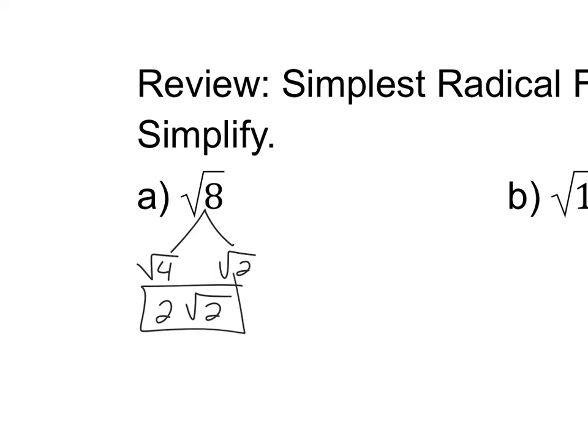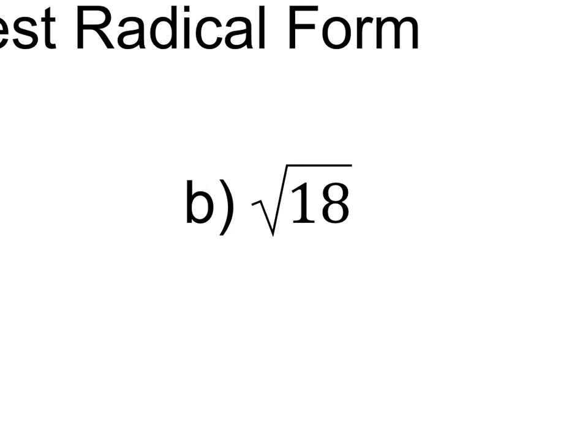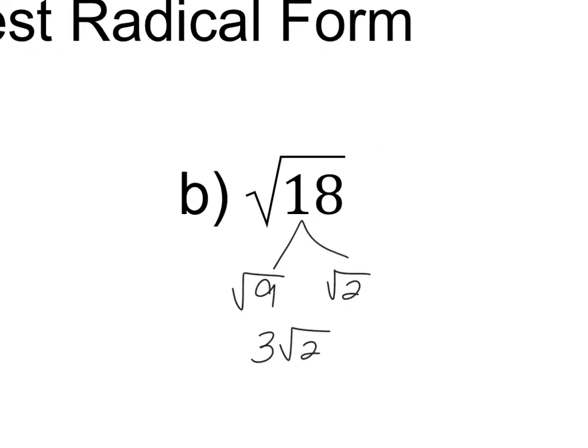Okay, 18, can you take the square root of it? No. But one of the perfect squares goes into it evenly. Which one is that? It's 9. So 9 times 2. So the square root of 9 is 3, and you say it as 3 square roots of 2. Or sometimes they say 3 root 2.